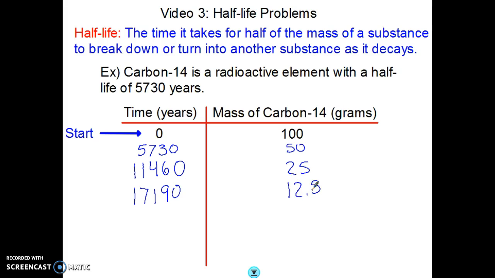And you can kind of see where this is going. One more time, another 5,730, we would only have 6.25 grams left. So this is what half-life means. It's how long it takes in order for half of the substance to break down each time.